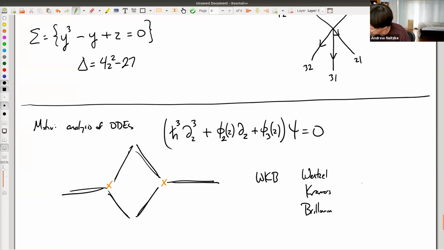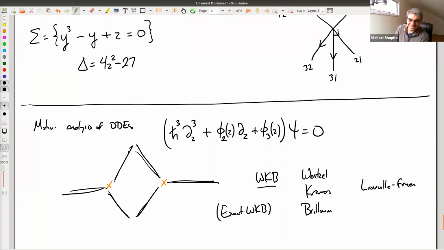I think it's also sometimes called the Liouville-Green method. But there's a big community that studies this method under the name WKB or sometimes exact WKB. It's called the same letters in Russian.